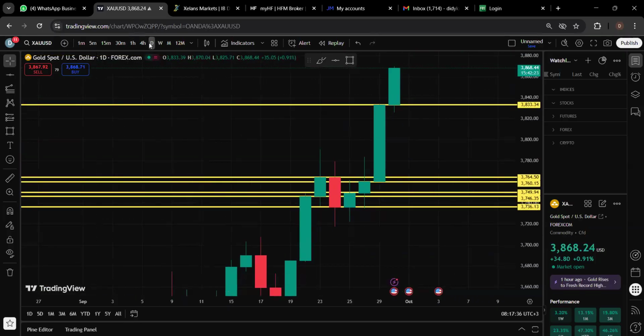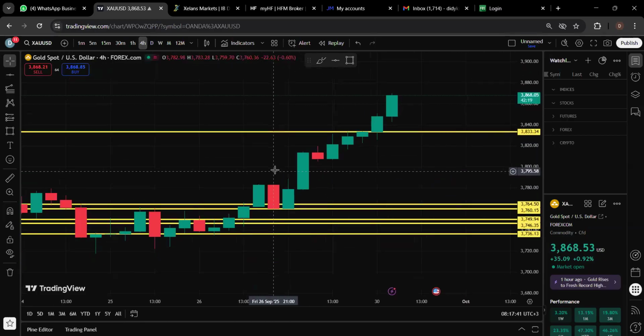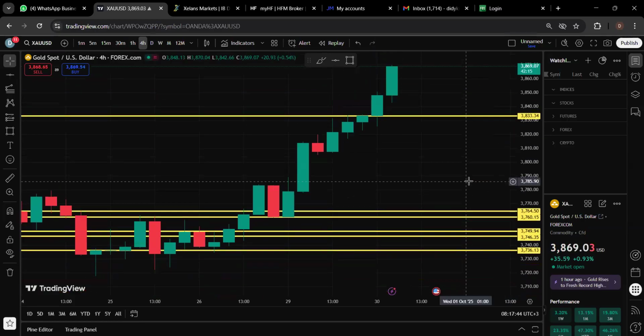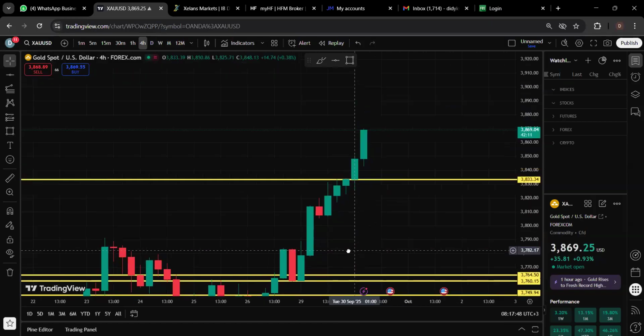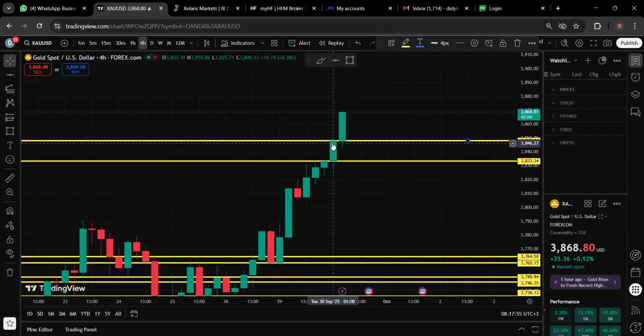Now, from the daily, we go to 4 hours. You can see there are more zones in 4 hours. So identify all those zones again, all of them, and mark them. This one, I'm marking because of this candle which closed. I'm not marking because of this candle.